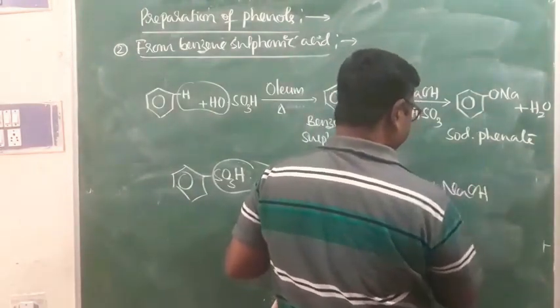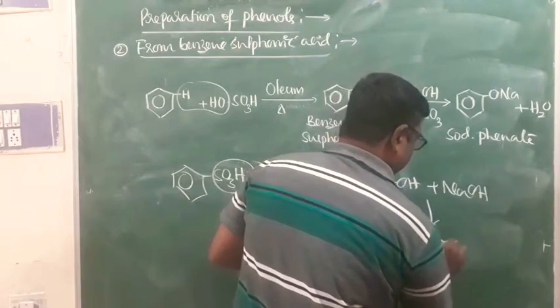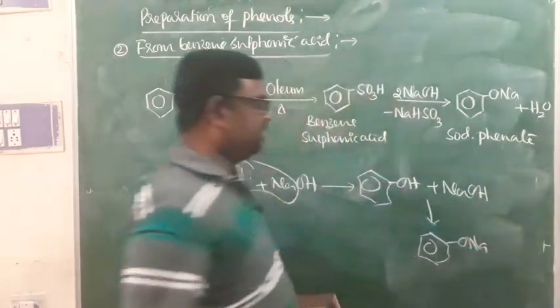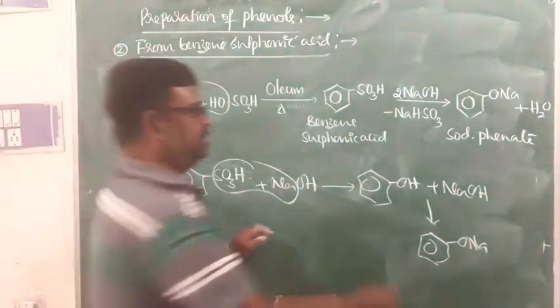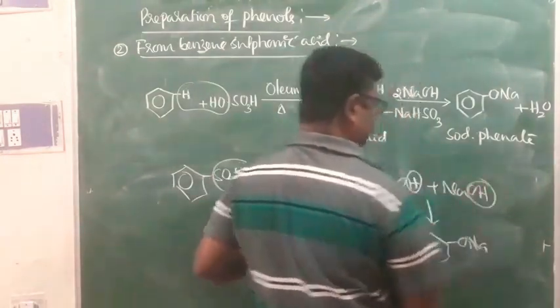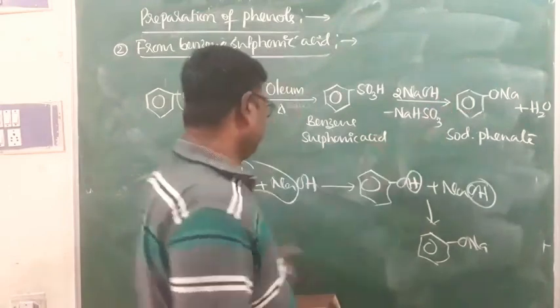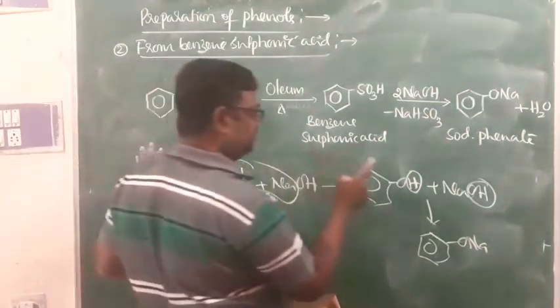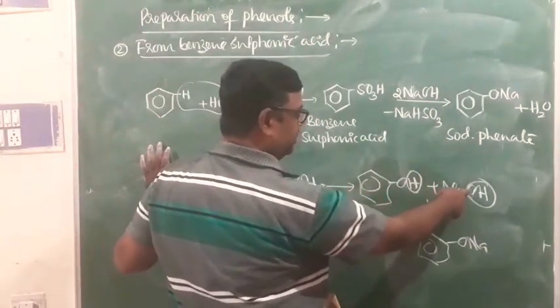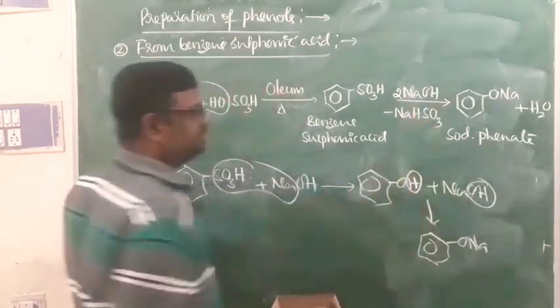In the presence of NaOH, phenol is converted to what? Sodium phenate. This is acid and this is base. That's why 2 NaOH: one NaOH molecule converts this into this, and another NaOH molecule converts this into this, and sodium phenate is the product.